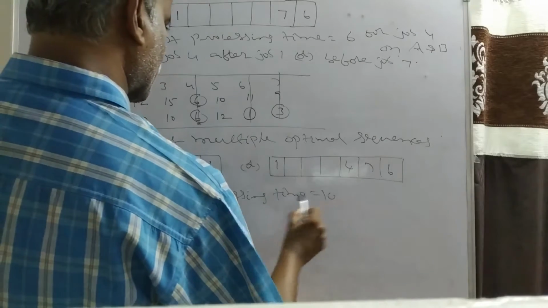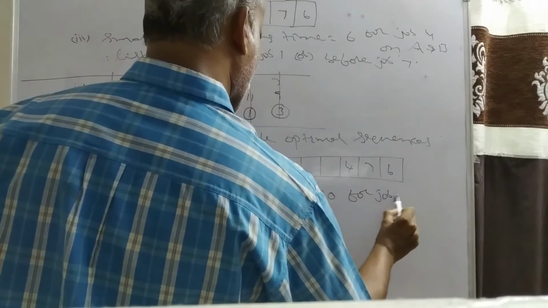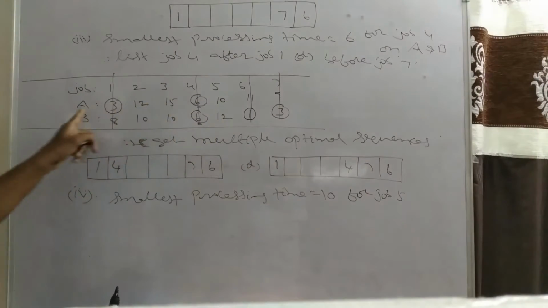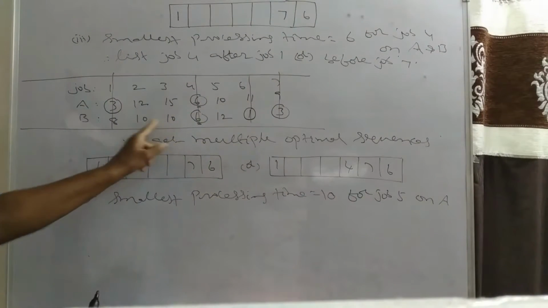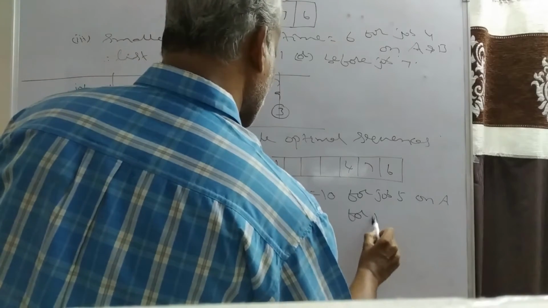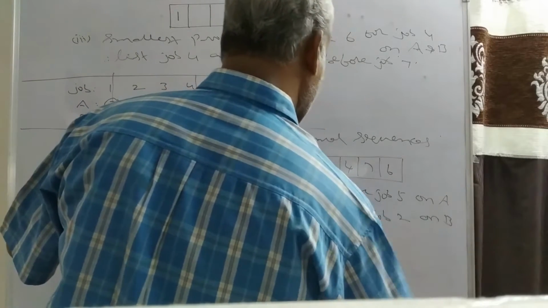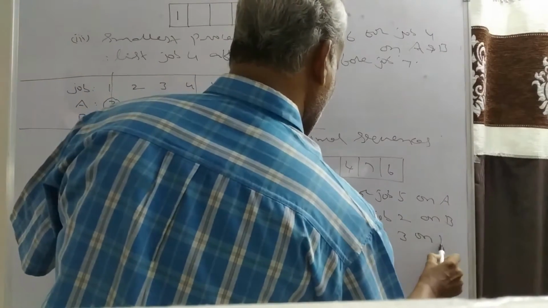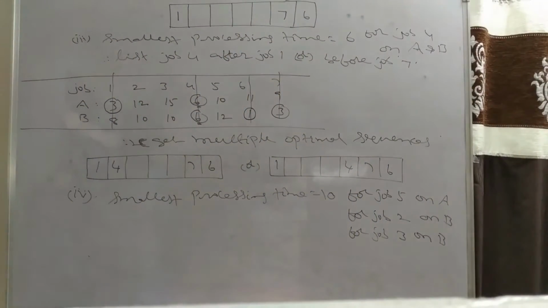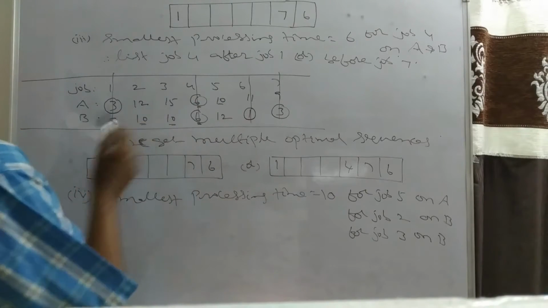The smallest processing time equals 10 for job 5 on A. Again we have 10 also for job 2 on B. Next, for job 3 on B. Okay. So the minimum processing time is for 3 jobs: job 5, job 2, and job 3.